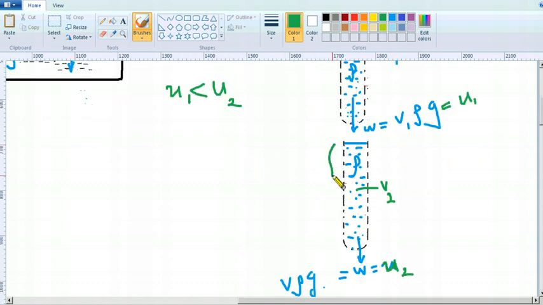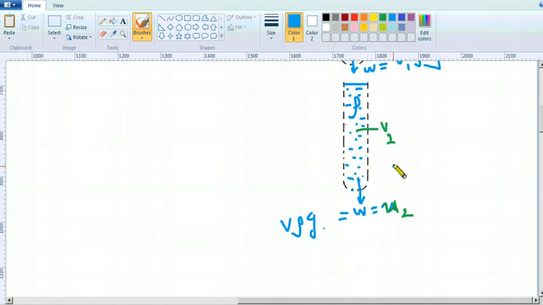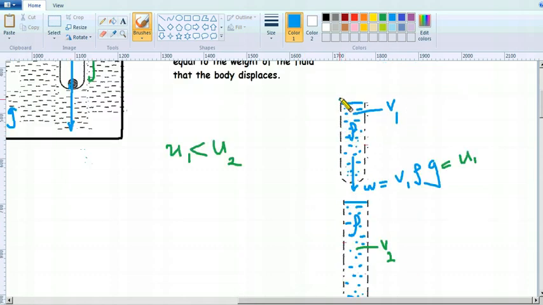because this length happened to be larger than this length at the first time. Because how do we calculate the volume? This volume we have to calculate: the cross-sectional area times this length, L1. So V1 equals cross-sectional area A times L1.